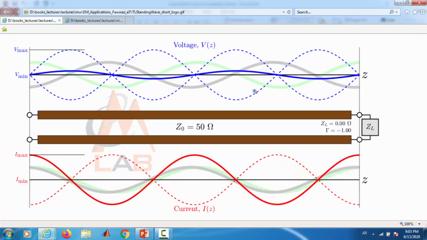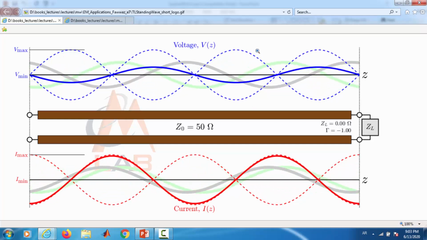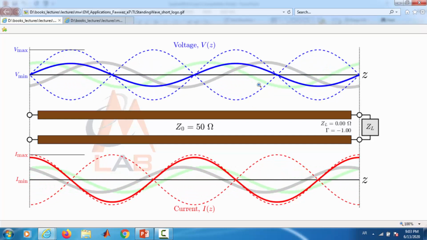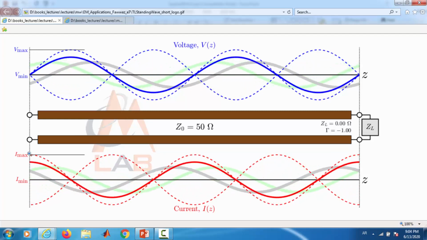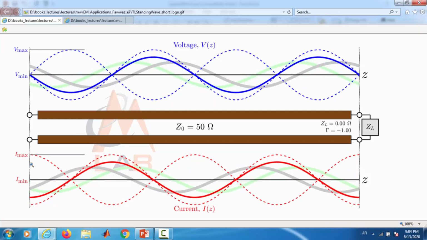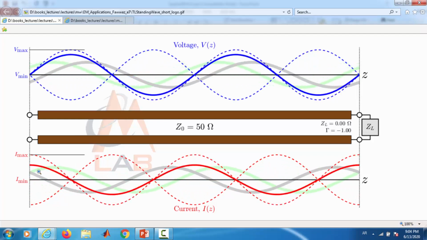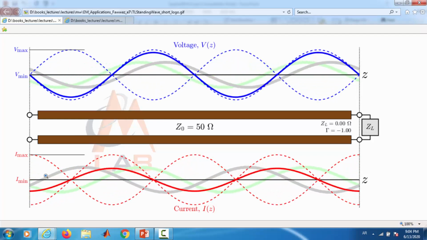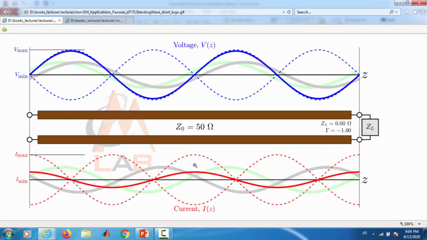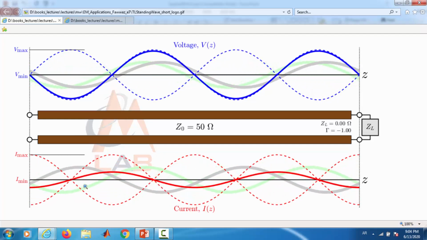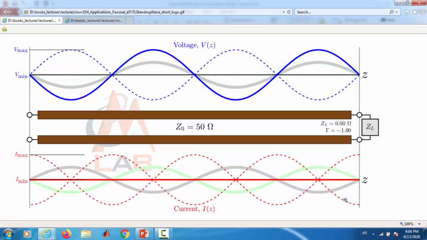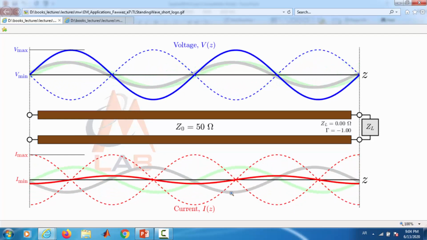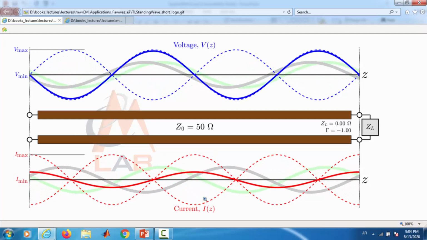So it's called a standing wave or stationary wave. Same for the current case, of course, with a phase difference of 90 degrees. The traveled is in green, the reflected in gray, and the superimposition in red, and we could see the red wave is standing.